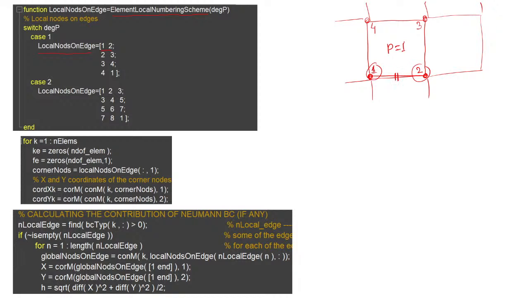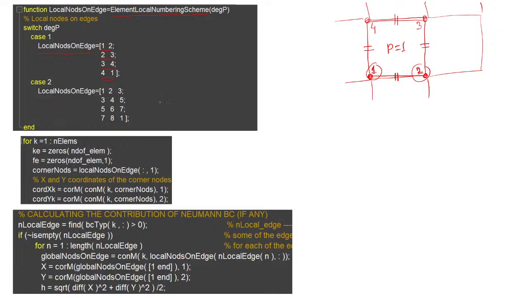So this is edge 1, and the local node numbers are 1 and 2. Edge number 2, the local nodes are 2 and 3, which is in the second row. Edge 3, the local nodes are 3 and 4. And edge 4, the local nodes are 4 and 1. So that is what has been arranged here.